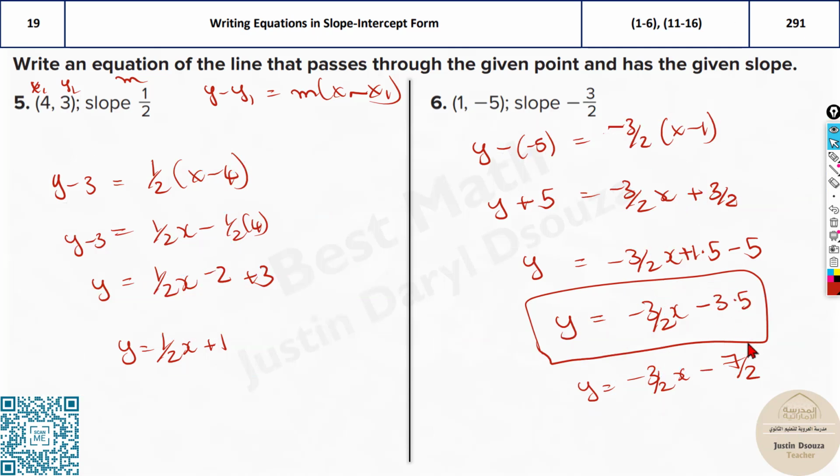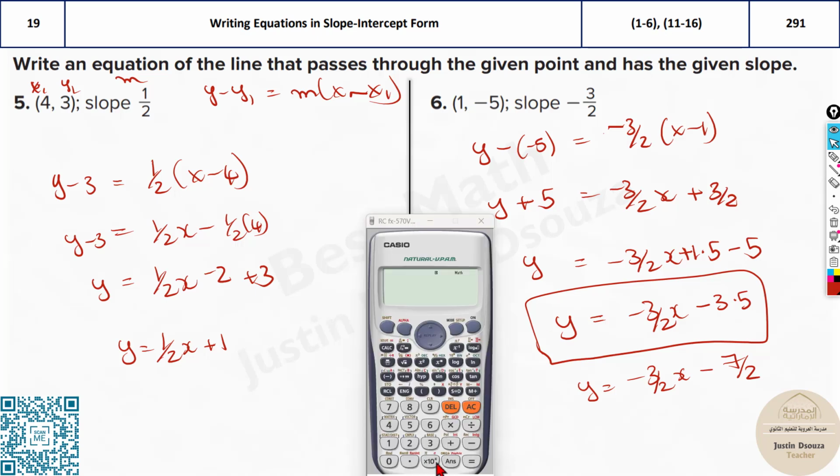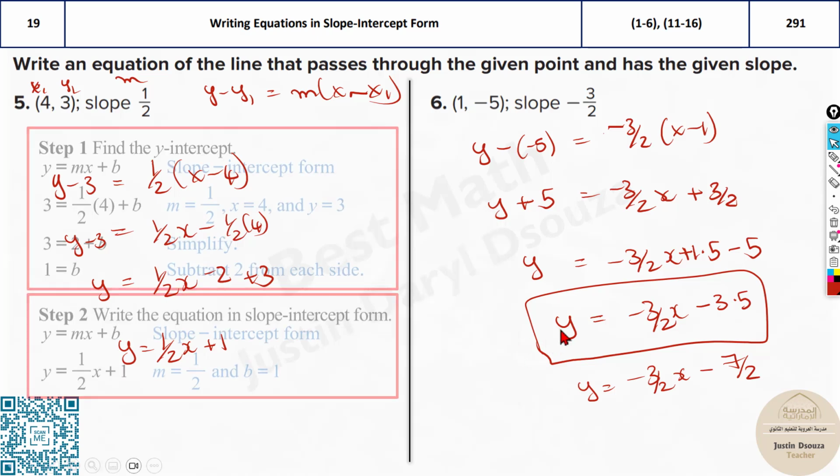You can convert this easily. All you do is put in 3.5 and press equal to. You will directly get the fraction form from decimal. So it's 7 by 2. It's the same thing. Or you can change it, say, to 9.5. It is 19 by 2. If you press SD, it will convert from fraction to decimal.